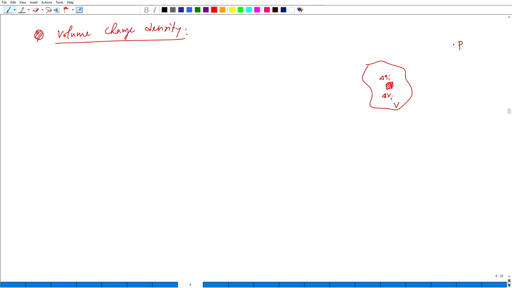at this point P, the direction is r cap. Basically, the whole volume is a sum of small elements, small cubes, because now the volume is a 3D object.